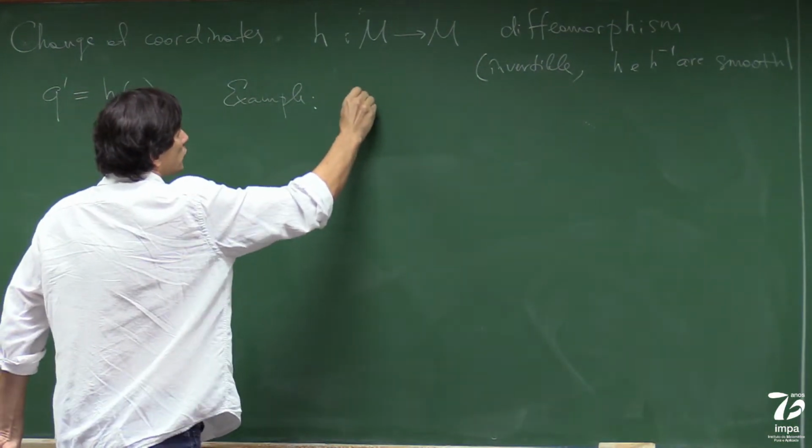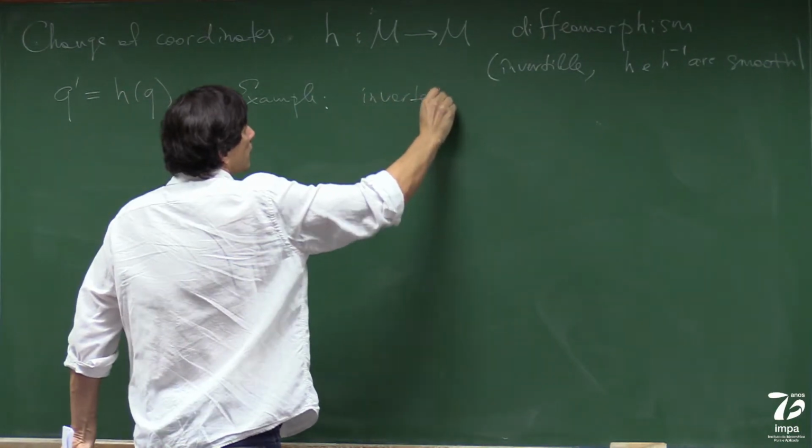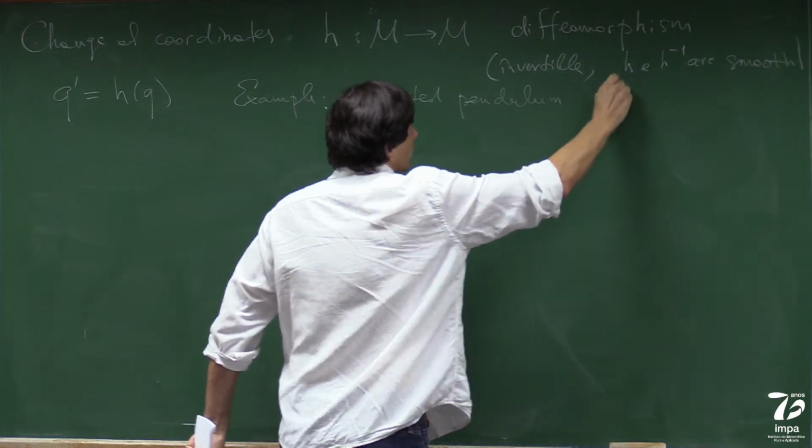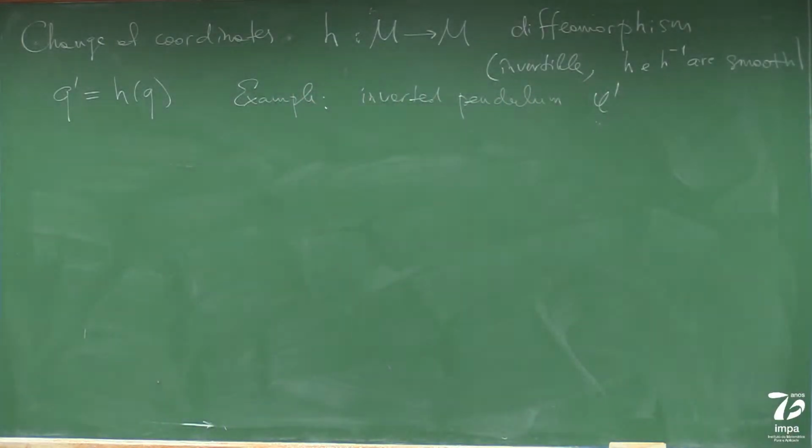for the inverted pendulum, if you call this coordinate psi prime, it will be pi minus psi, looking down.